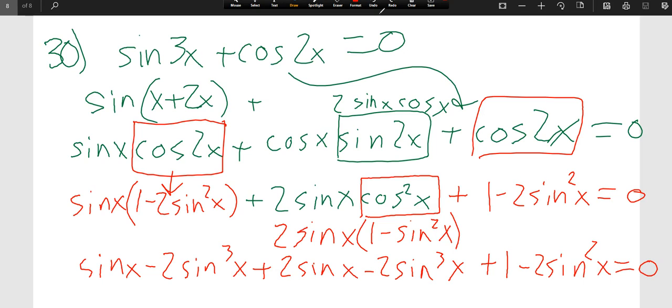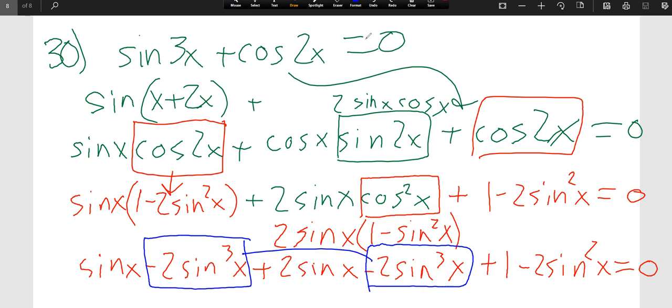However, what I don't like about this, okay, so if I start circling my like terms, we got those two, right? We got that one right there by itself.